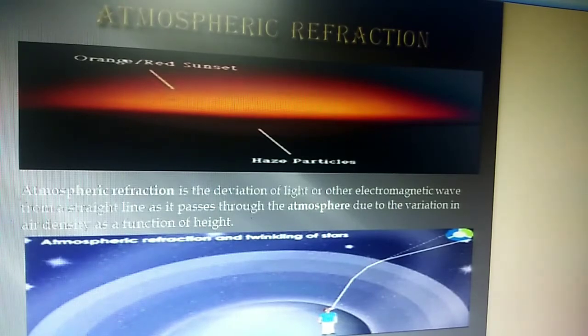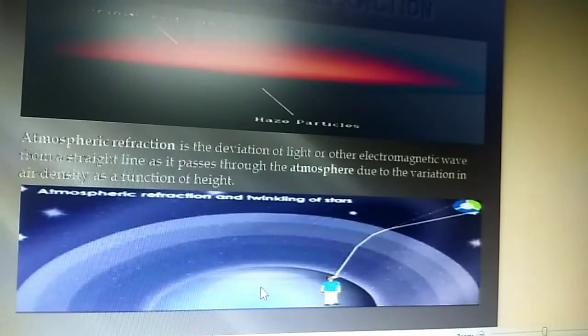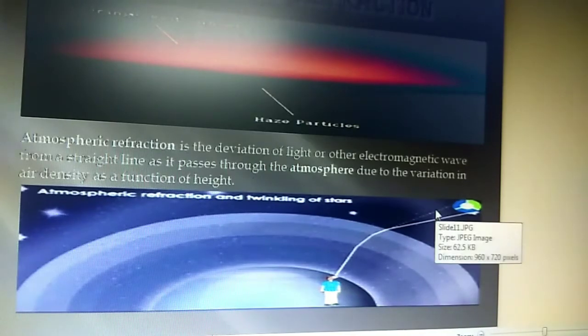Due to this, there are other natural phenomena that occur in nature due to sunlight, that is atmospheric refraction.